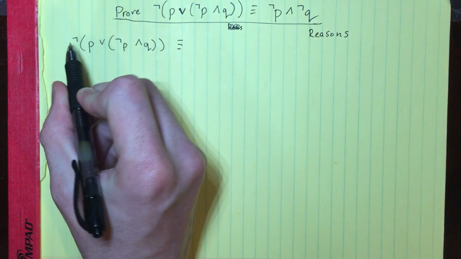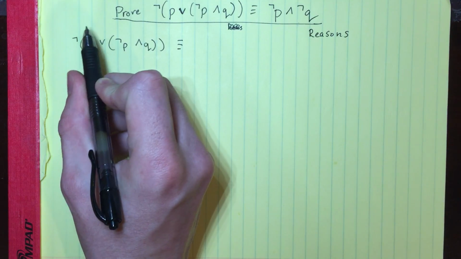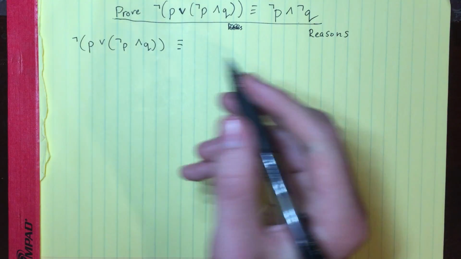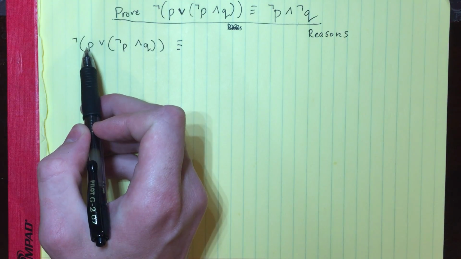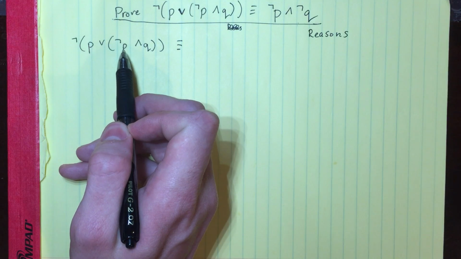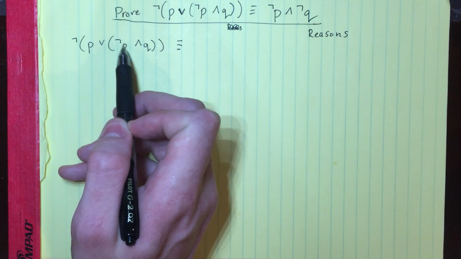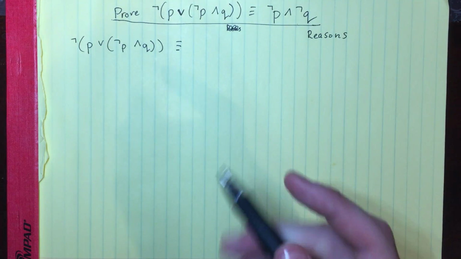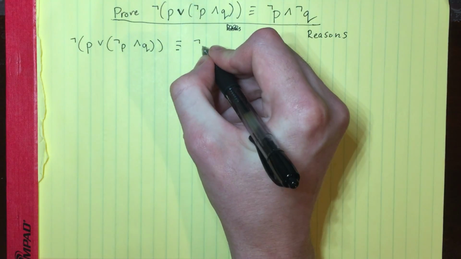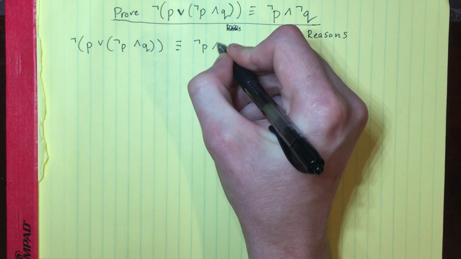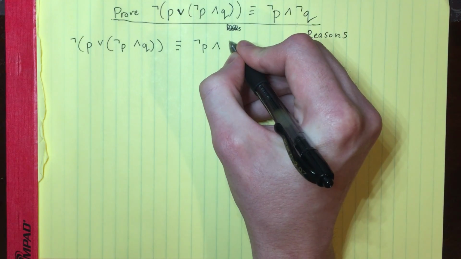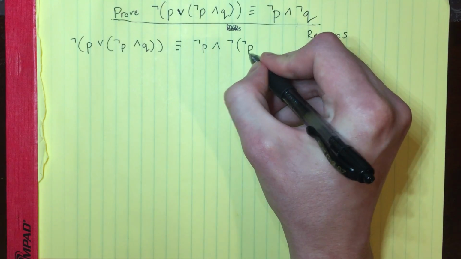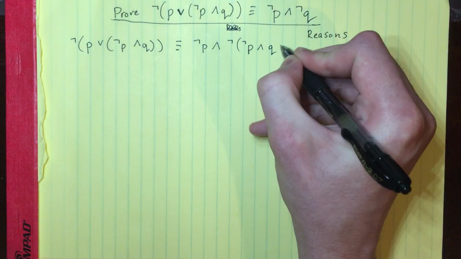So take this not and distribute it onto these things. When you do that, this will turn into not P, this will turn into and, this will turn into P because of the double negation law. So you distribute the not through, so we say it's equivalent to not P and then you put it on the outside. We can do it in multiple steps.